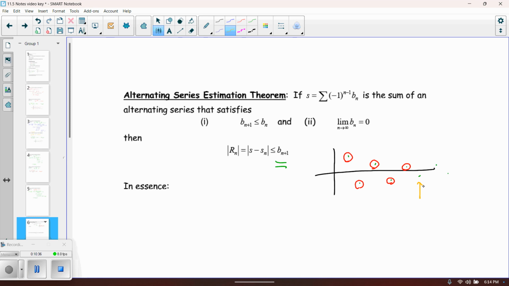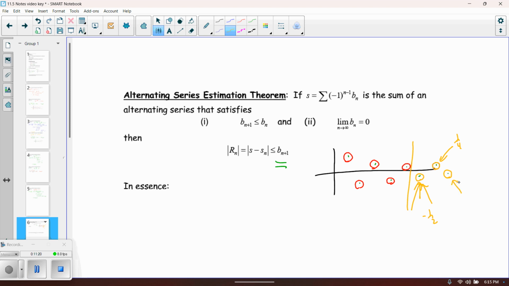Now, why does that make sense? If we cut this thing off right here and we start adding this term, this term, this term, no matter what, the absolute value of this one right here is the biggest possible thing you can have, whether it's on top or the bottom. Let's just say, for example, that this is -1/2. Well, maybe this one then becomes +1/4. One way or the other, its absolute value has to be less than the absolute value of the one before that, because it's an alternating series and decreasing as it goes towards 0.